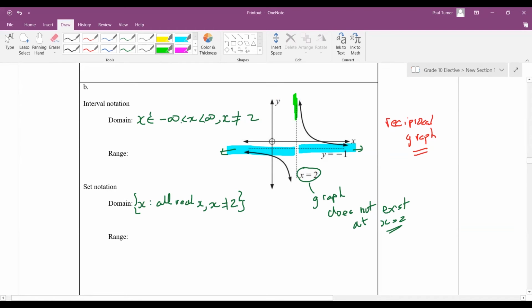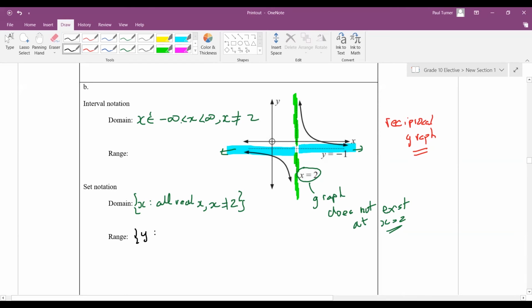So you can look at that yourself. The range will be to here and also to here. So for the set notation, we could write Y such that, so all real Y now, isn't it? Look at the green.